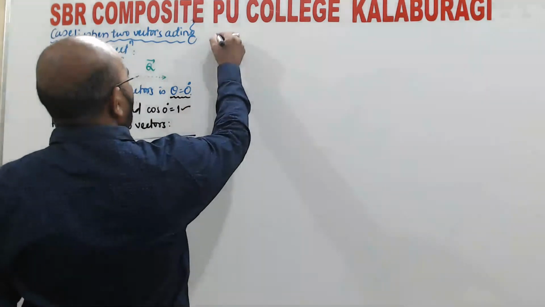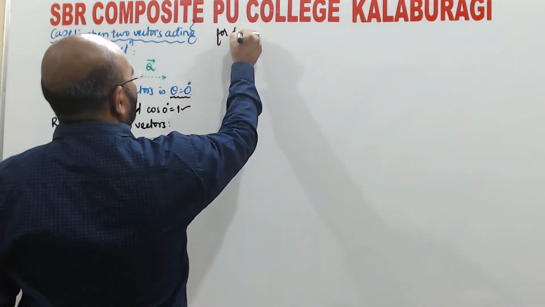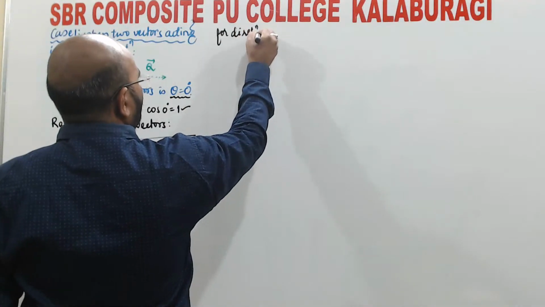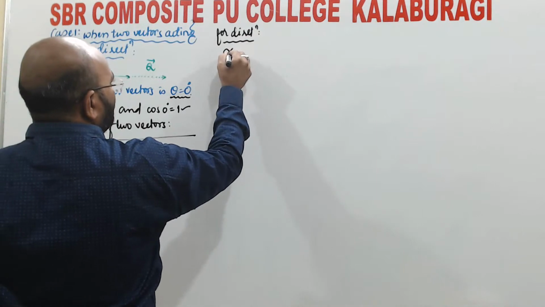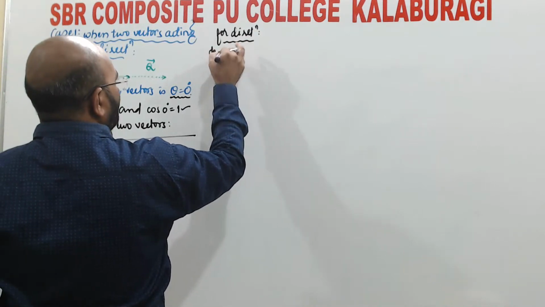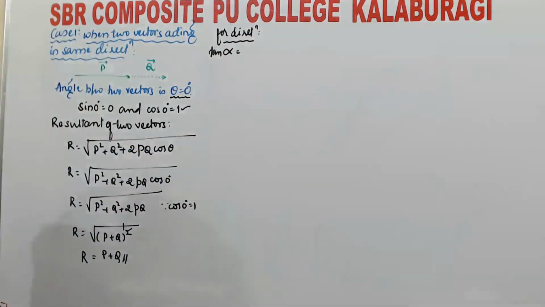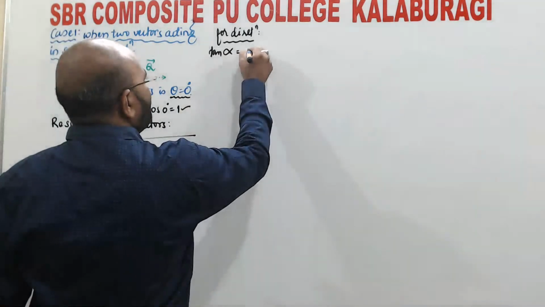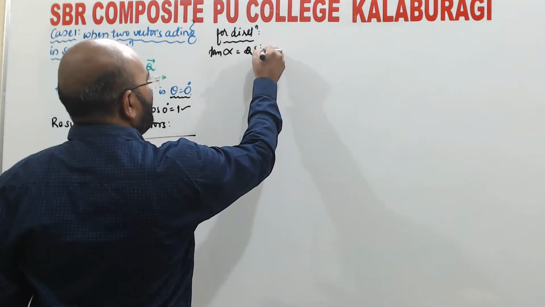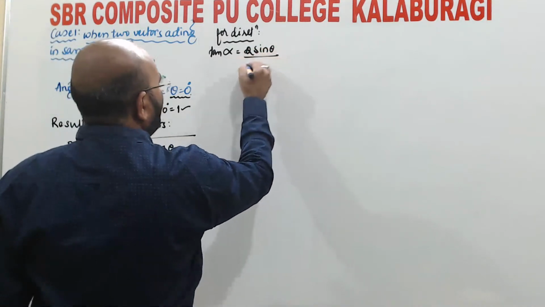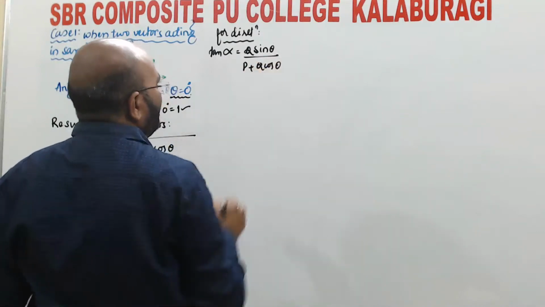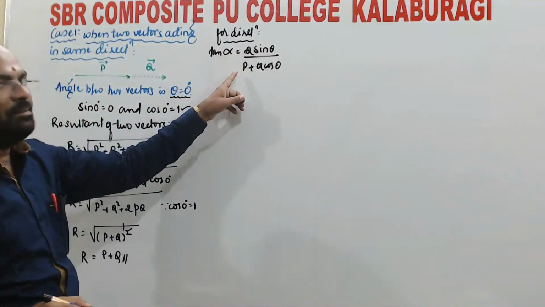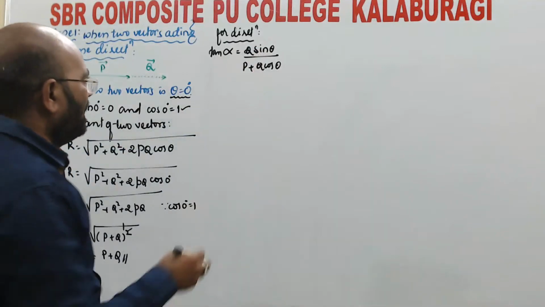For the direction of the two vectors, tan alpha is equal to q sin theta divided by p plus q cos theta. That is, we use b sin theta divided by a plus b cos theta.